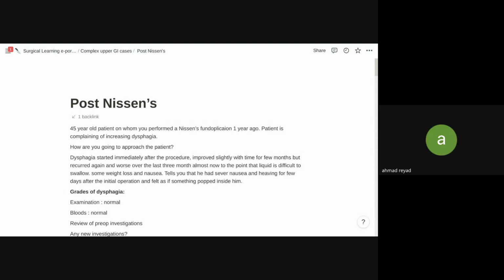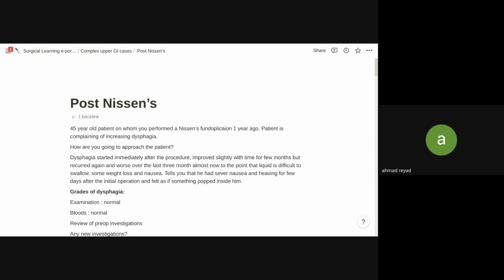First of all, I'll ask about the symptoms, since it's in a clinic, so it's not an emergency situation. I'll ask about his symptoms starting before the procedure, then after the procedure, if it's been relieved completely or not, and then we'll see when the symptoms started to appear.